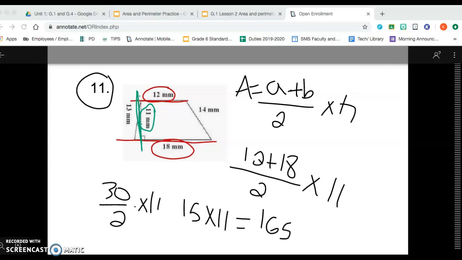That's the answer, and remember it's going to be millimeters, and since it's area, it is squared. So guys, go ahead and make sure you have all of this copied, and then continue on with the PowerPoint. There are a few examples for you to do on your own, and make sure you're showing your work, please.